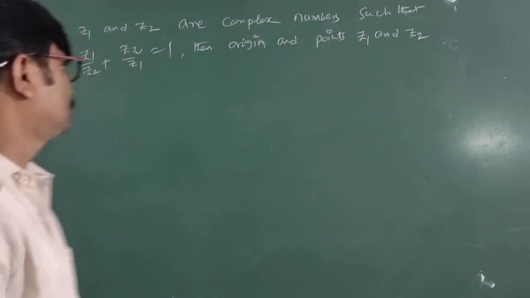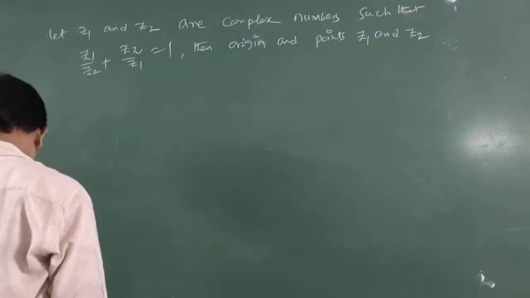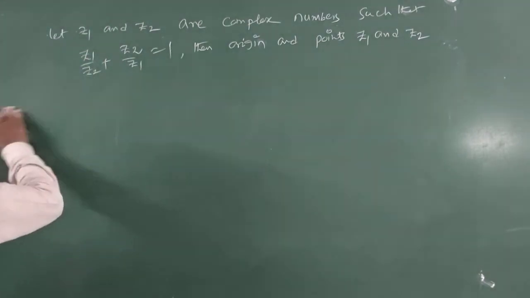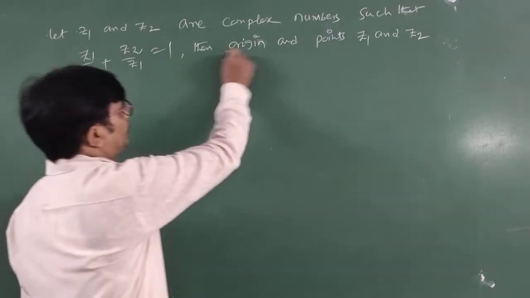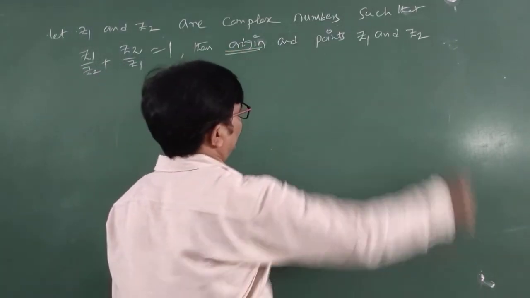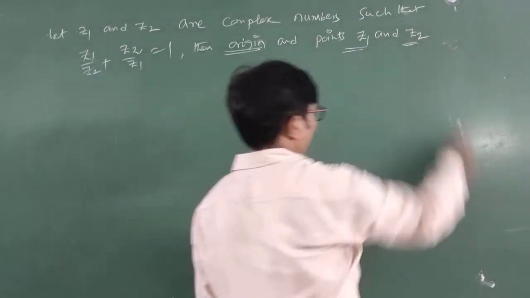So here one of the points is the origin, and the others are Z1 and Z2.